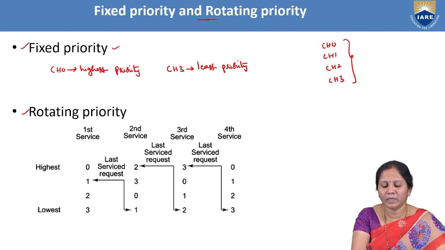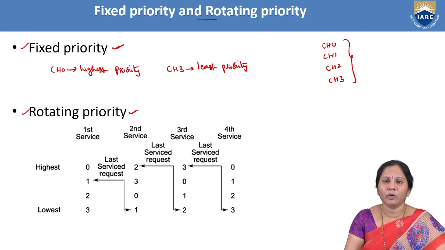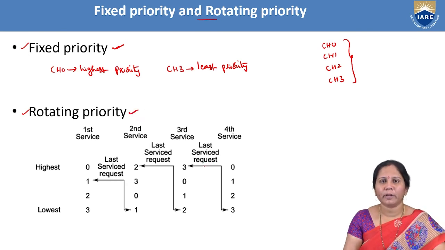When it is operating in the rotating priority mode, the priority will rotate in a cyclic manner. That means the channel which is operating at present, after getting the service, will go to the least priority, and the channel that is going to be serviced next will have the highest priority.